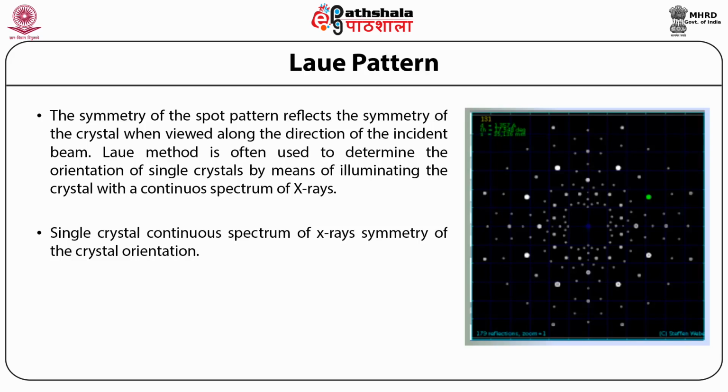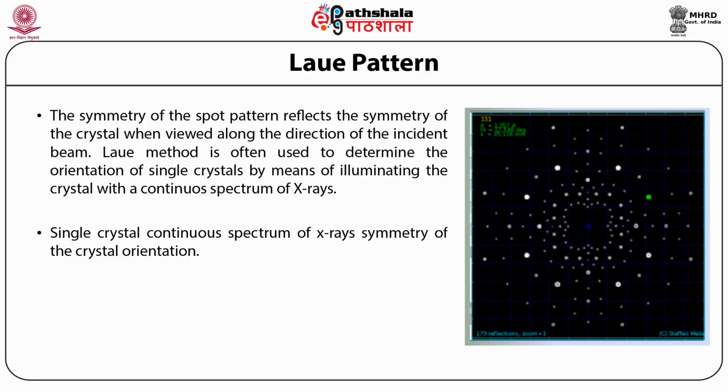We have already learned about reciprocal space, and this is a direct vision of the reciprocal space of a particular sample. This pattern also reflects the particular symmetry of a crystal. For example, if it is simple cubic or if it has hexagonal symmetry, depending on that we will obtain this pattern, and from this pattern we can identify what kind of symmetry this sample has.